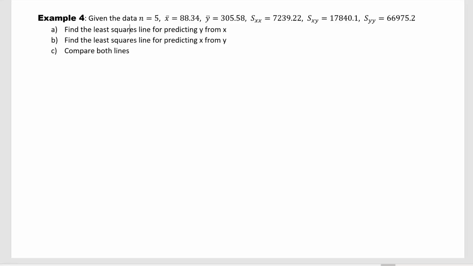Part A is just what we have been doing, right? We use the formula b is SXY over SXX. SXY is 17840.1, SXX is 7239.93. Plug this in our calculator.